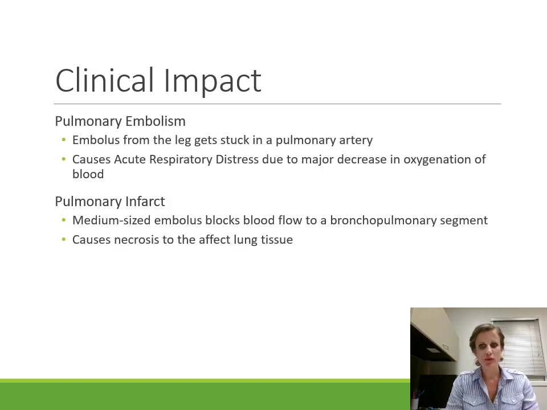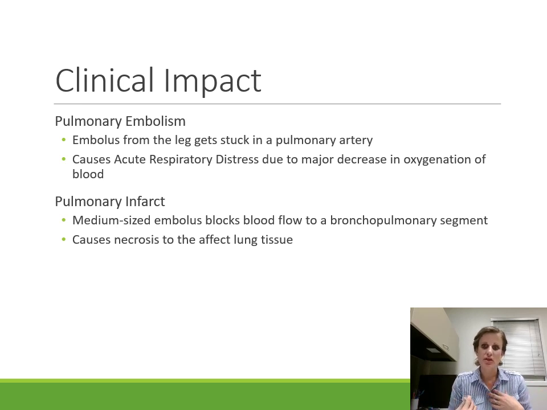It's possible for a clot, for example in the leg, to break off. And then we have an embolus that's traveling through the bloodstream. That embolus can go back to the heart, go through the right side of the heart, and get sent to the lungs.